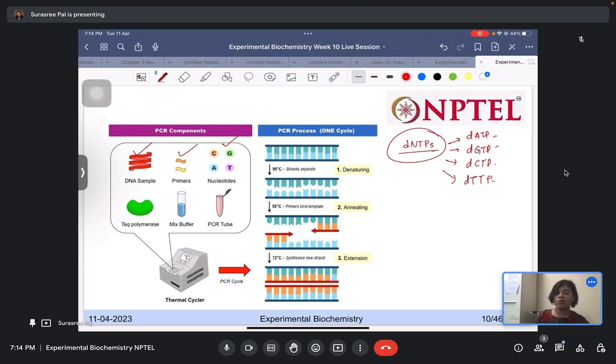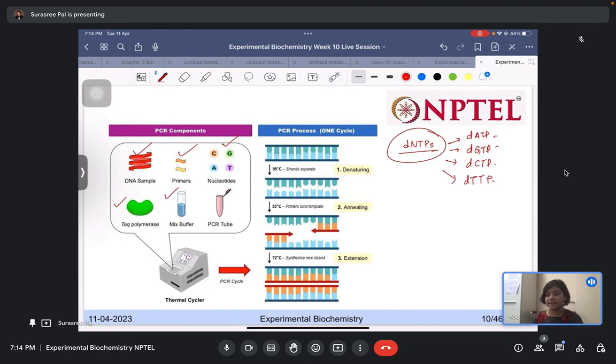So there will be four dNTPs which will be mixed in equal ratio, and it needs to be supplied in this PCR reaction. Next, the Taq polymerase, the thermostable polymerase, and there should be a buffer in which the reaction is carried out. Why is this buffer required?